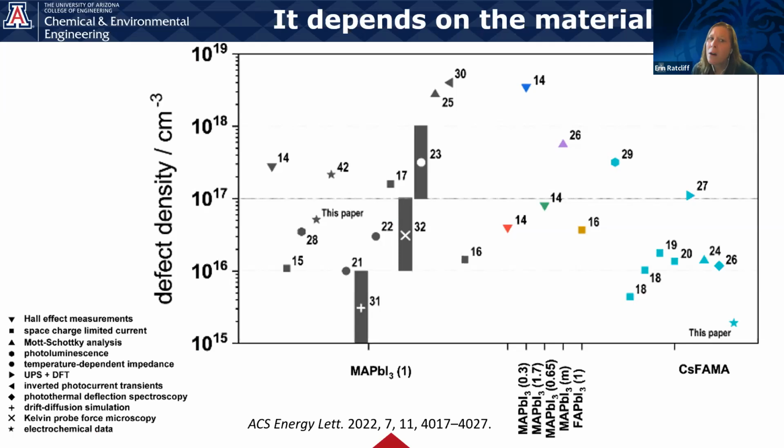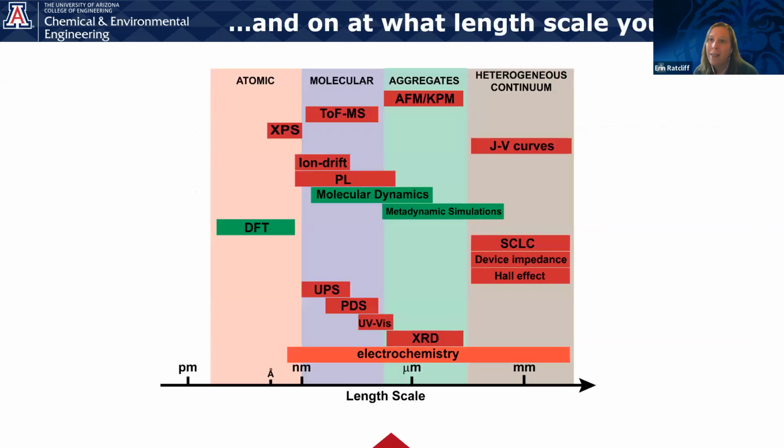The other thing I want to call your attention to is that it not only depends on the material and who's made it, but the number of defects that one reports often depends on what length scale you look at. As a characterization protocol, it also really depends on the approach that you use. What are your defect tolerances, or what can you truly detect depending on the characterization tool that you use?